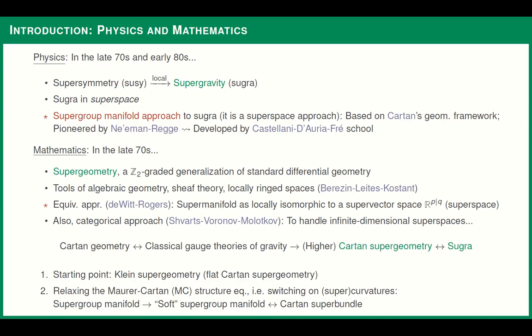The supersymmetric extension of this framework will be Cartan supergeometry, which is well adapted to supergravity theory. And from the very moment in which we deal with higher dimensional supergravity, we have higher form potentials, and of course a higher Cartan supergeometry framework would be needed.